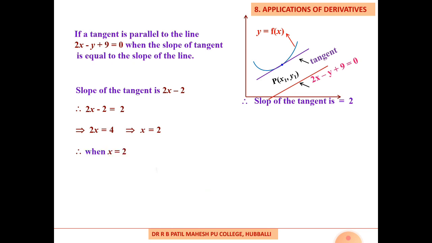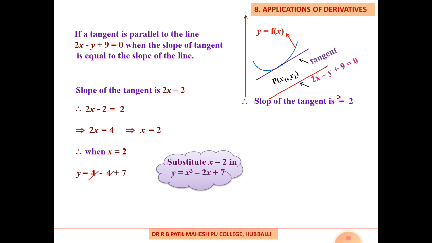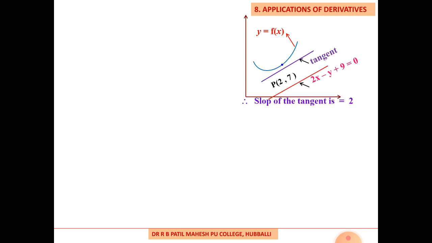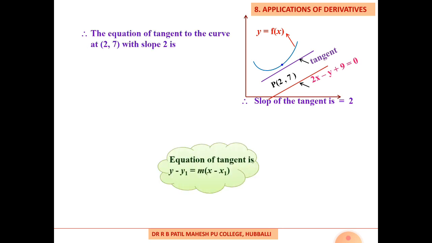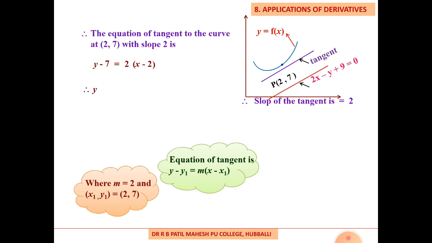or x equal to 2. Therefore, when x equal to 2, what is the corresponding value of y here? We get 4 minus 4 plus 7, or here y is equal to 7. So the point is 2 comma 7. Now next, equation of the tangent to the curve at 2 comma 7 with slope 2 is given by using this formula, y minus 7 equal to 2 into x minus 2.